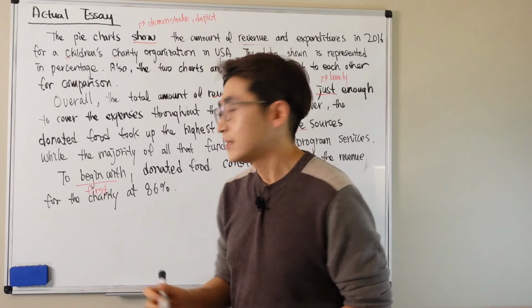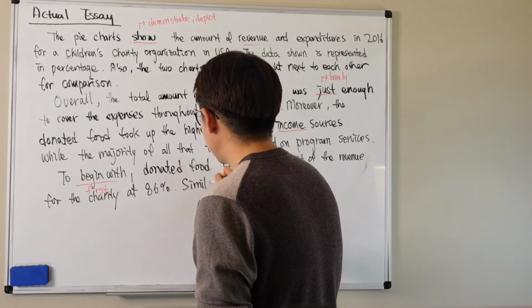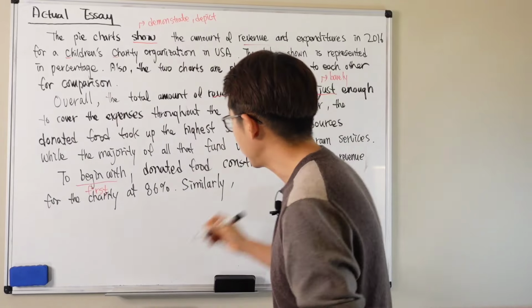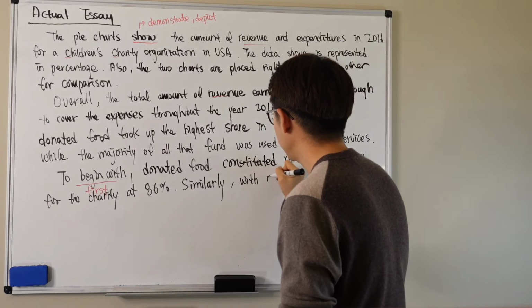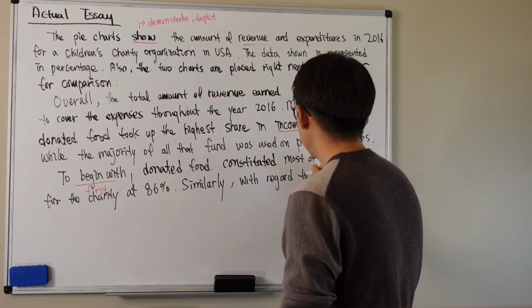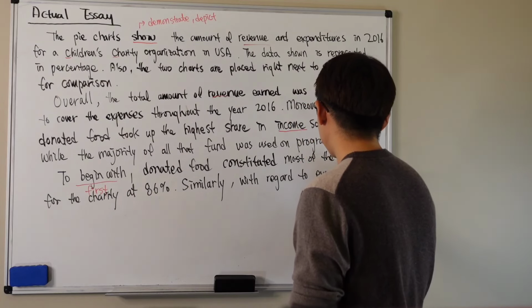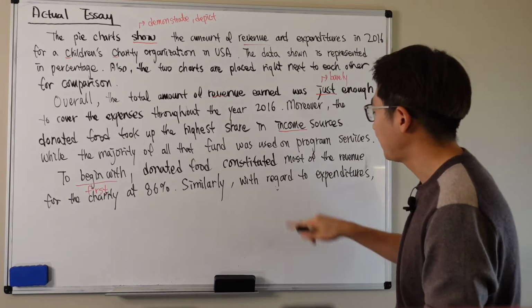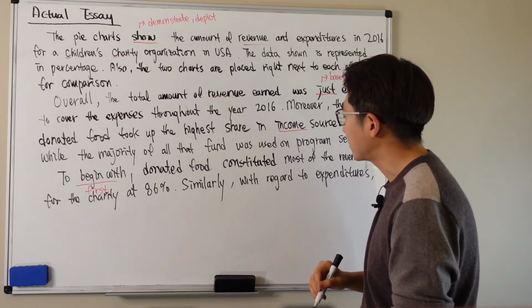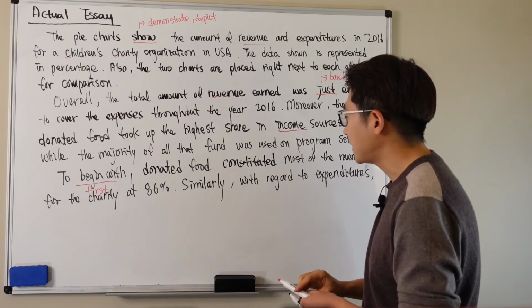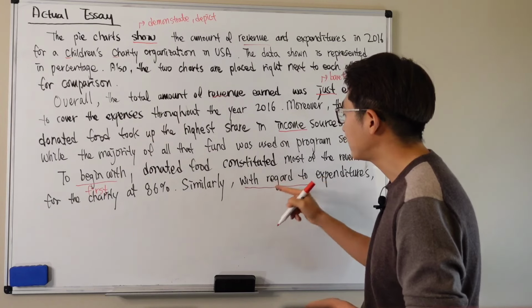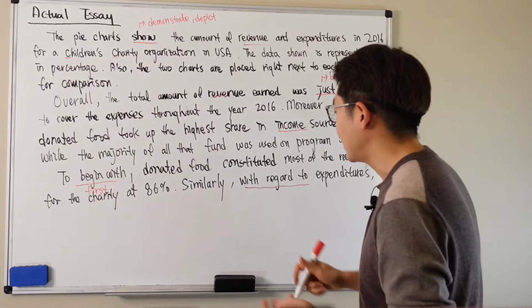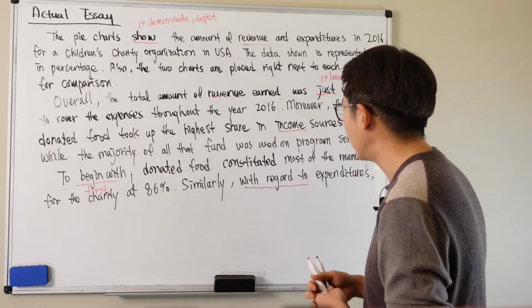Okay, and then similarly, because we are doing comparison with regard to expenditures, of course, we can use other words, other phrases like regarding, as for, things like that. But I prefer to use with regard to because it's three words, and it kind of shows that you have great vocabulary as well.